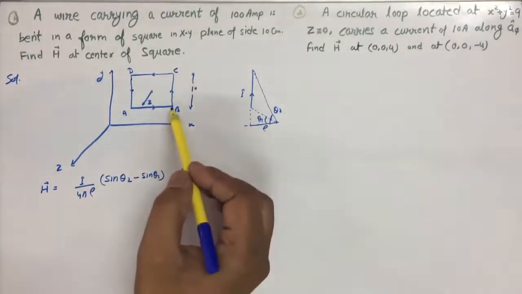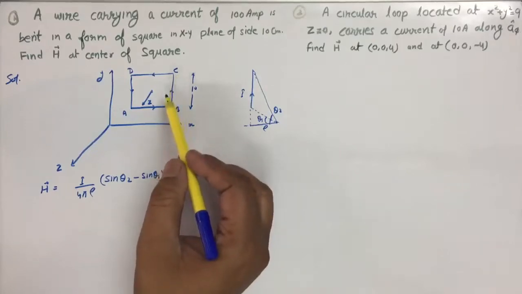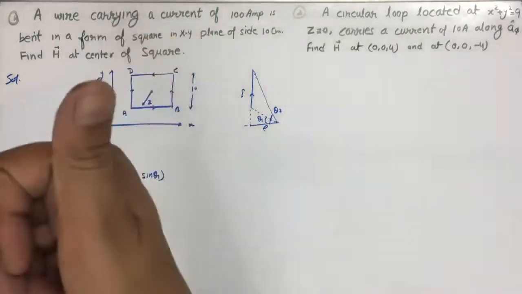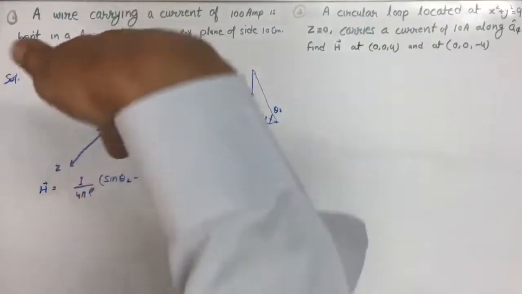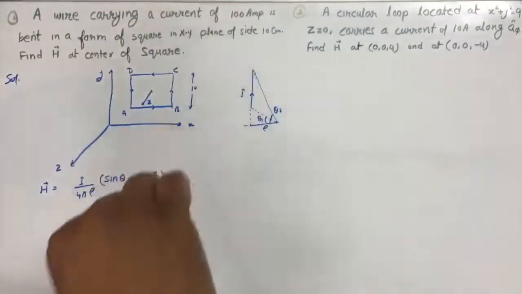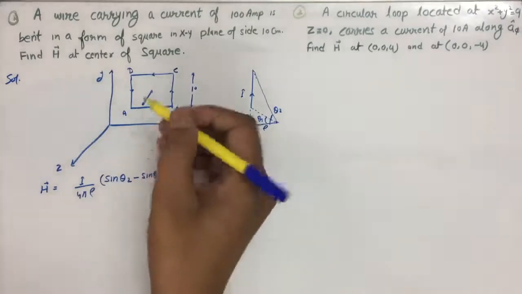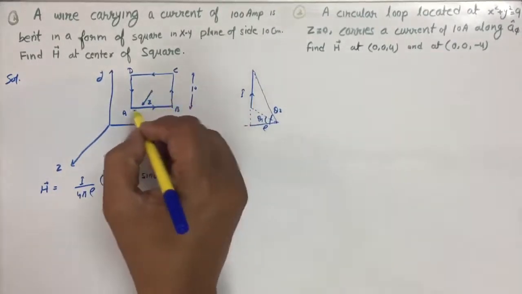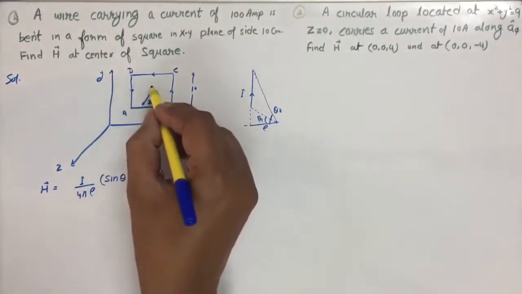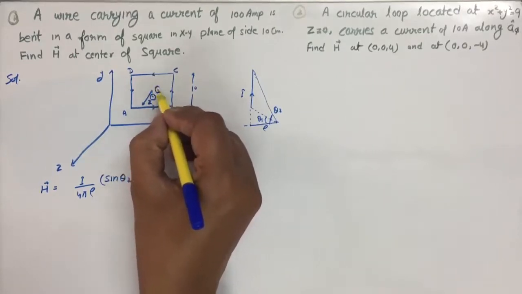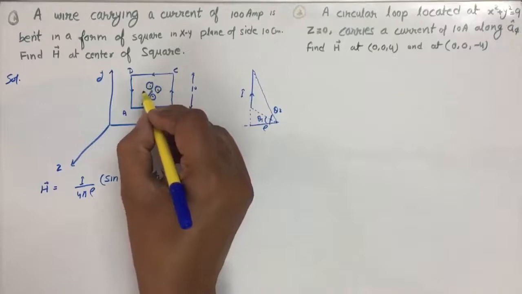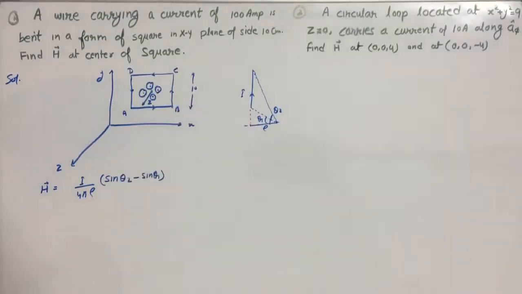And from BC, again it is coming upward, and from CD it is coming outward, and from DA again it is coming outward. So from every part of the conductor, the field is coming outward.